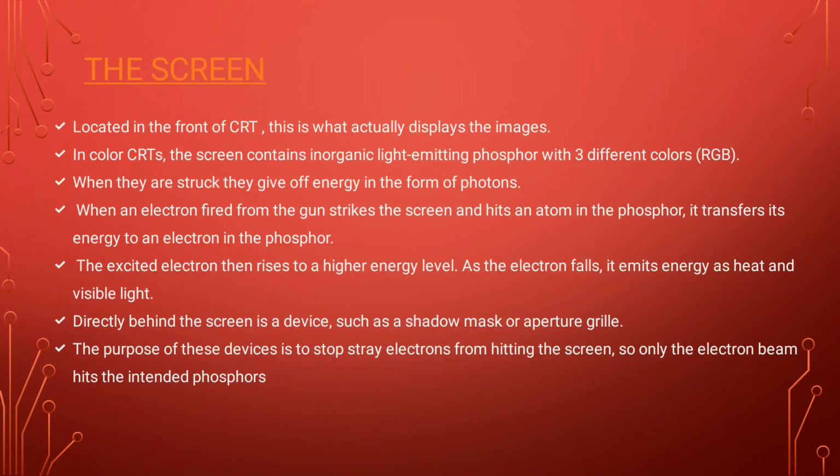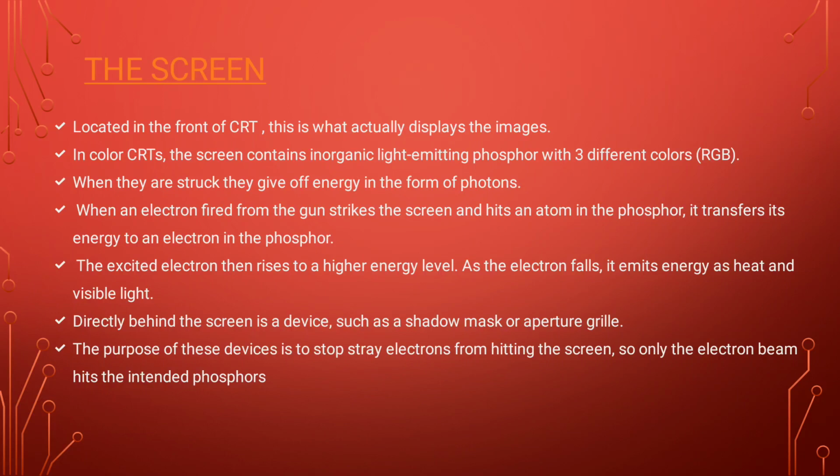In a color CRT, the screen contains inorganic light-emitting phosphor with three different colors: red, green, and blue. The screen has a number of pixels. In pixels, there are three types of colors, and based on the intensity, it produces the color.